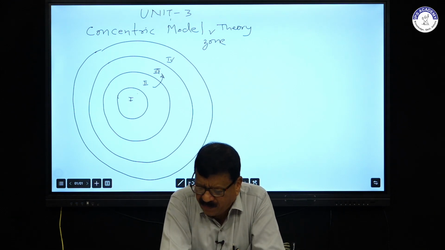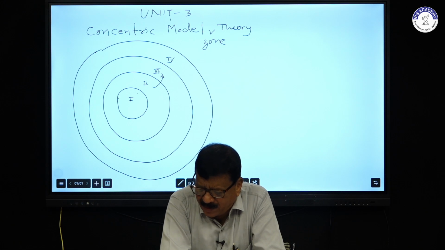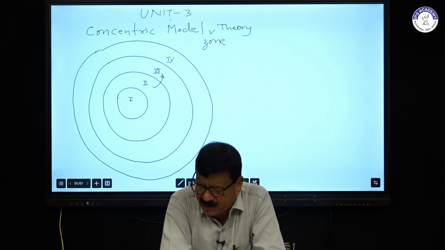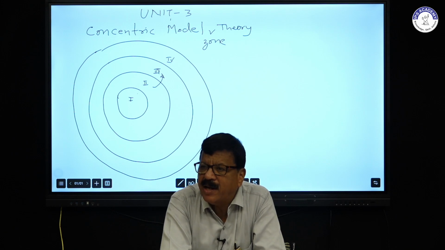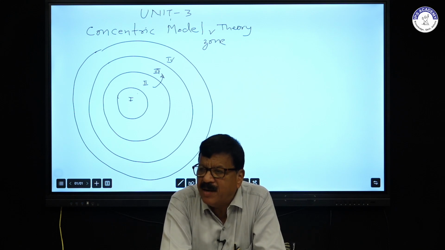Point number 5. In many cities, decentralization of shops, manufacturing industries and places of entertainment is observed in different parts of the city.